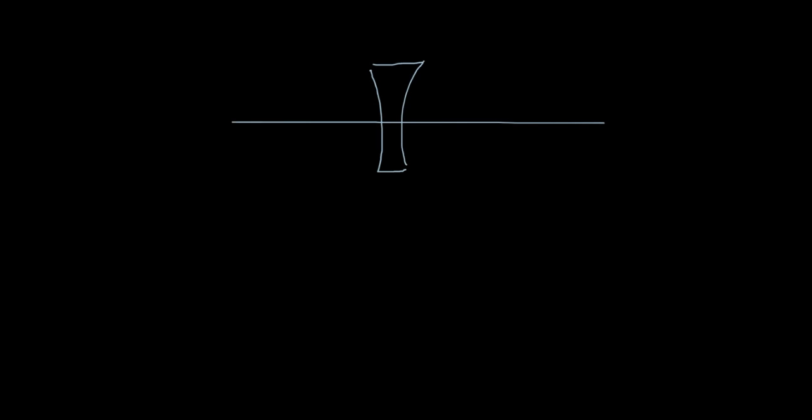You have your axis and your divider or division. You have your object, your focal point. The rays move to the lens, then diverge, and then come back. And then to the center of the lens.